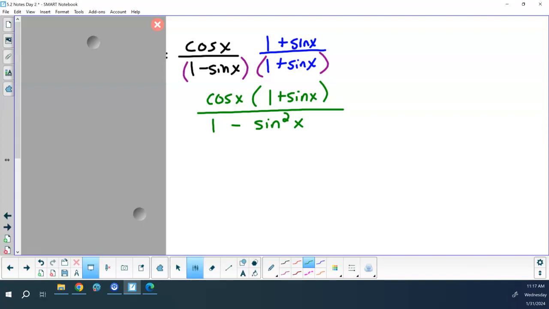Now, what you are going to want to do is skip this step, because you're lazy. Okay?